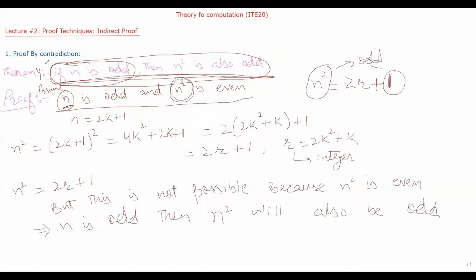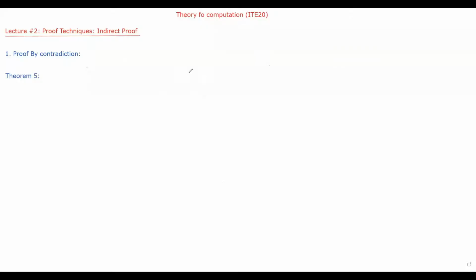Now let me clarify this again with the help of another example that you may have gone through in your plus 10 mathematics. Theorem 5 is: under root 2 is irrational.